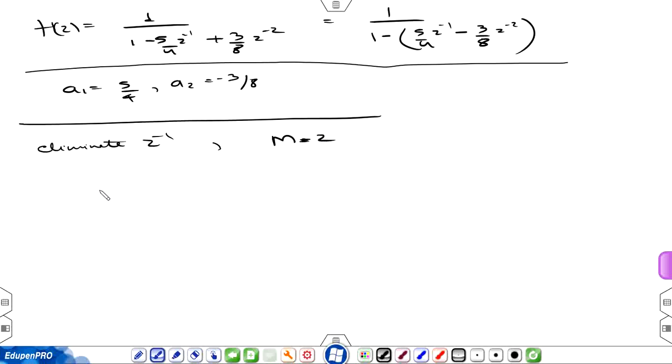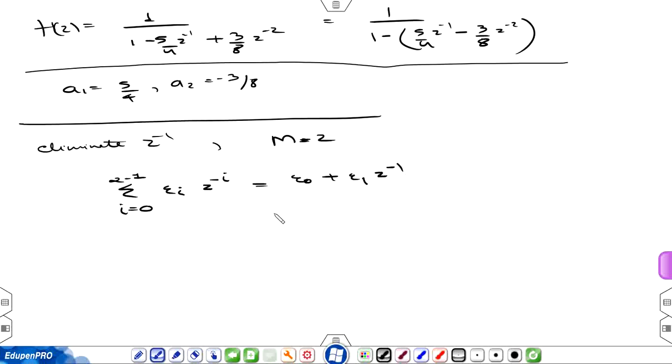that means that m is equal to 2. So the transfer function will be given by summation i equal to 0 to 2 minus 1 of r_i z^-i, and that is equal to r_0 plus r_1 z^-1, since 2 minus 1 is 1.